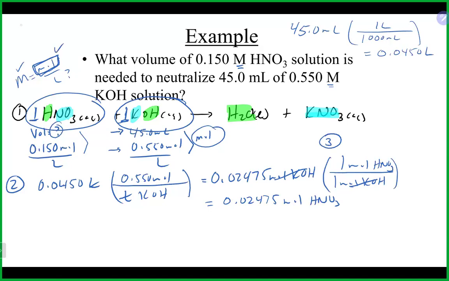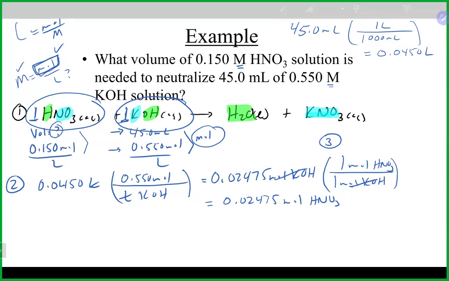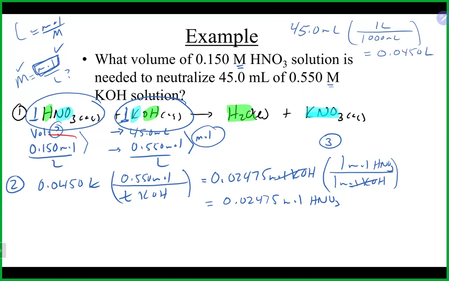So to figure out the volume, liters would be moles divided by molarity. And I'm going to use my molarity here of my nitric acid that was given to us as a conversion factor. Remember that opposites cancel, which means in this particular case, I actually need to put the moles on the bottom, which means I'm dividing by the molarity.